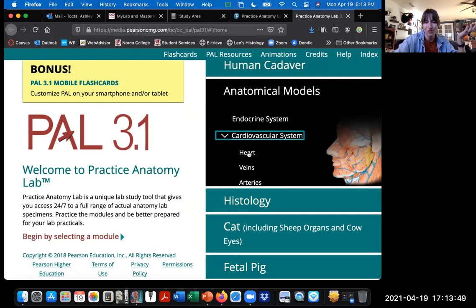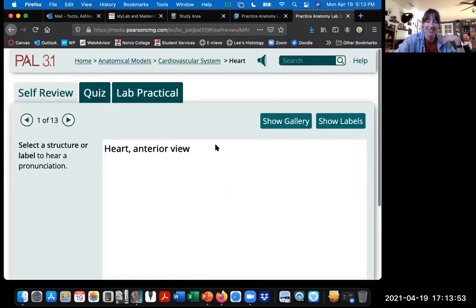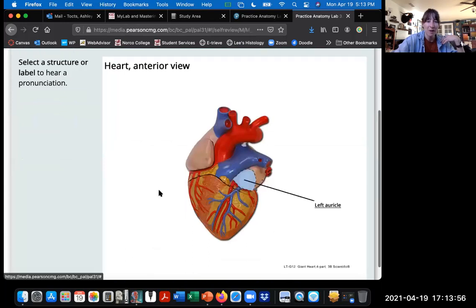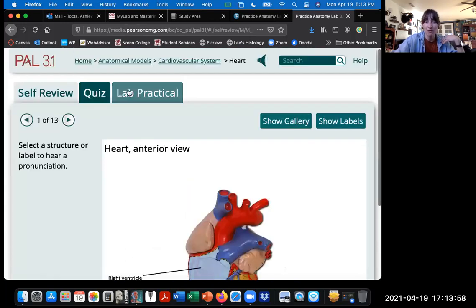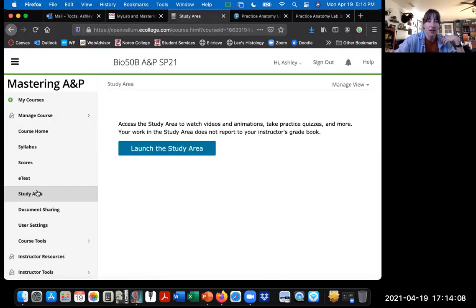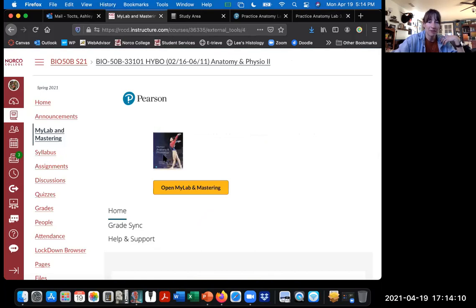If that helps you for some reason, then more power to you. But again, it's just going to be a slideshow, but you can also quiz yourself and make yourself a practical. This is a great way to quiz yourself, okay? So this is all available under the study area of MyLab and Mastering, which is right here, okay?